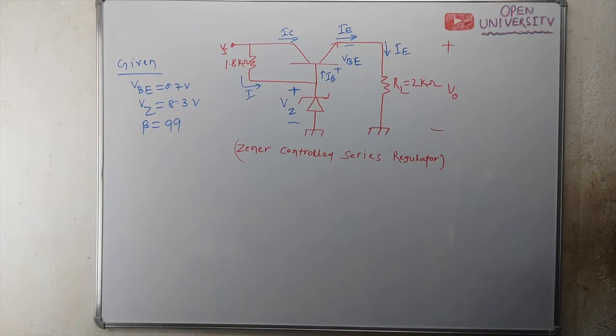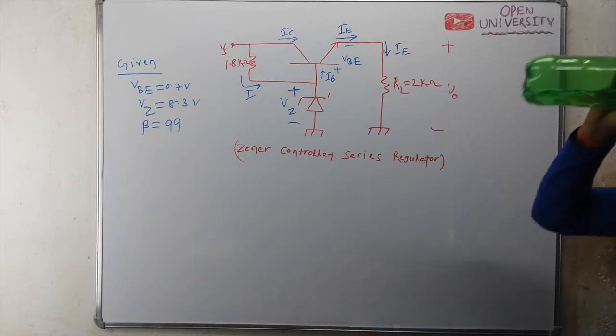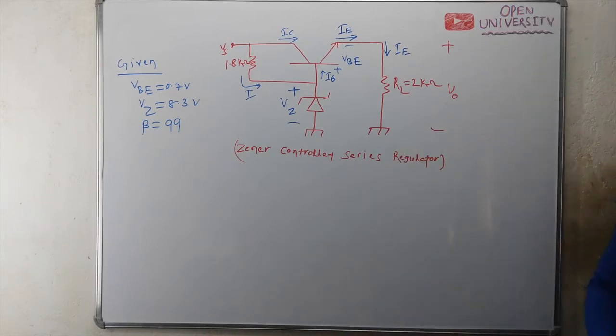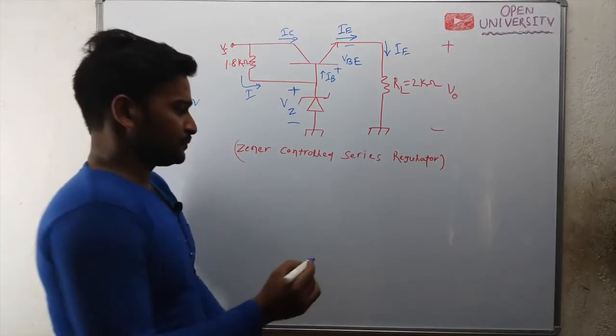The question is to calculate the power dissipation in the transistor and the generator. What will be the power dissipation through the transistor?